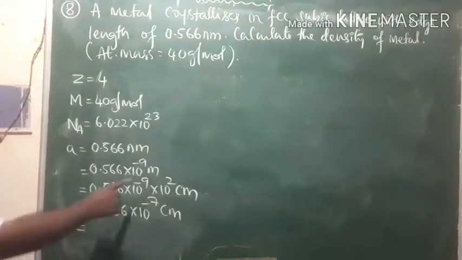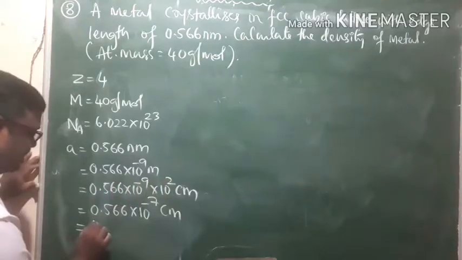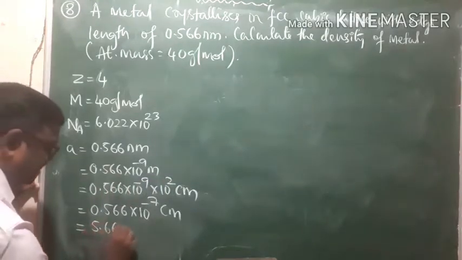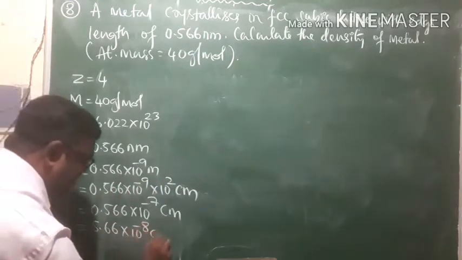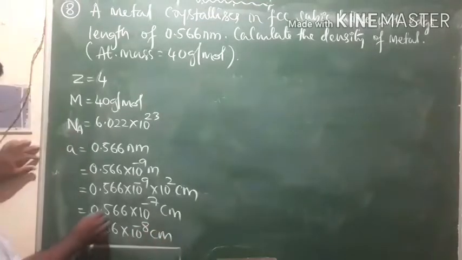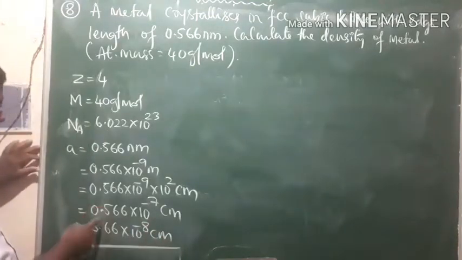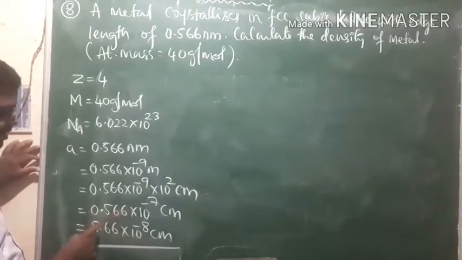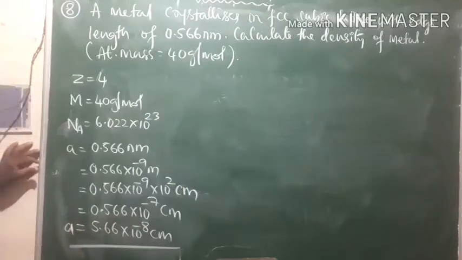Rewritten in scientific form, it is 5.66 into 10 to the power of -8 centimeters. This is what we call the edge length.